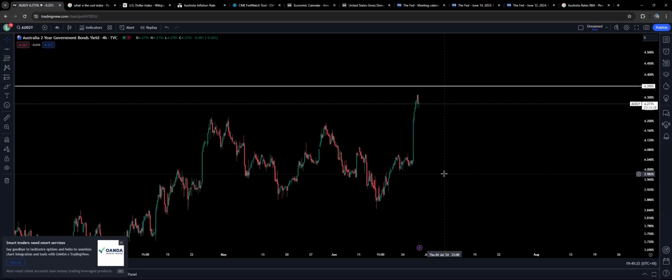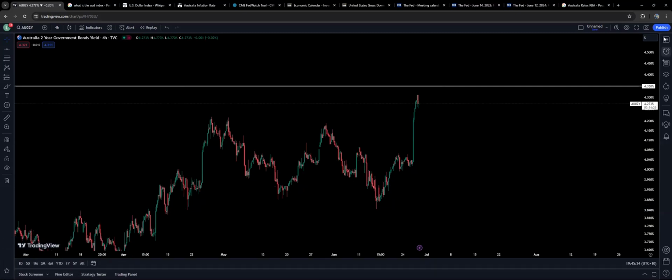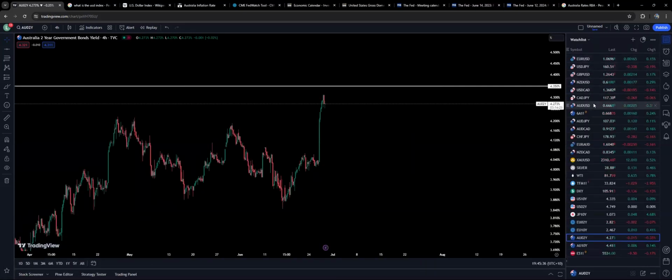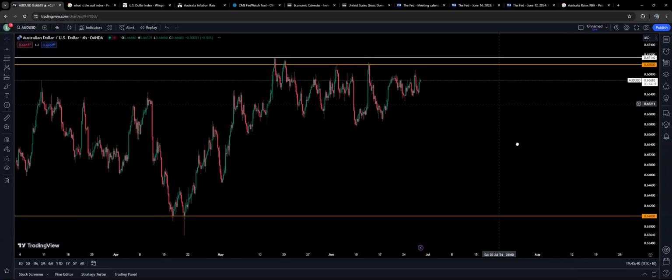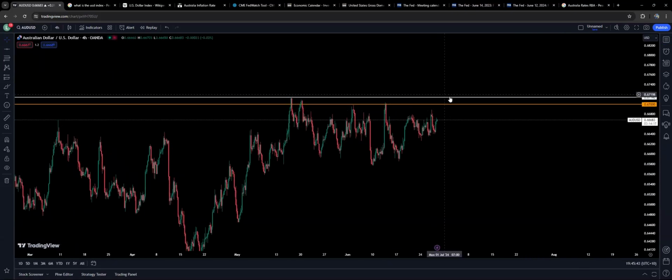From a Forex perspective, when we look at these, the scenario is pretty much supporting a higher yield, and it's suggesting a gradual upward movement for the Aussie dollar. Okay, so if we go here, Aussie dollar, where is this? So, yeah, there you go. We can probably see a breakthrough here.